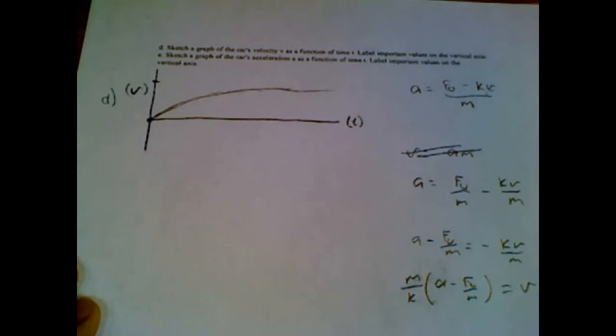A times m over k, m over k times a minus f naught over m equals my velocity.